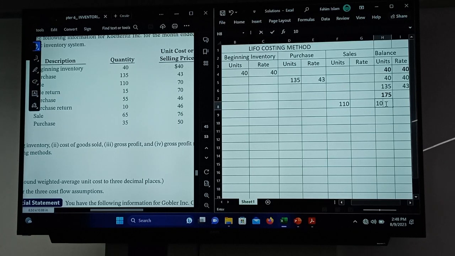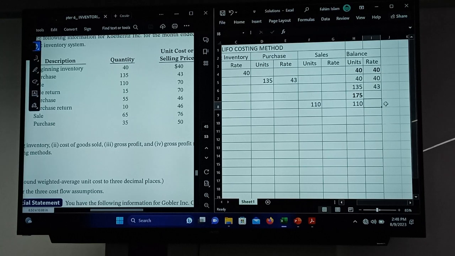So we take 110 units at the rate of 43. We have 135 minus 110, which leaves 25 units at the rate of 43, and the 40 units at 40 remain.